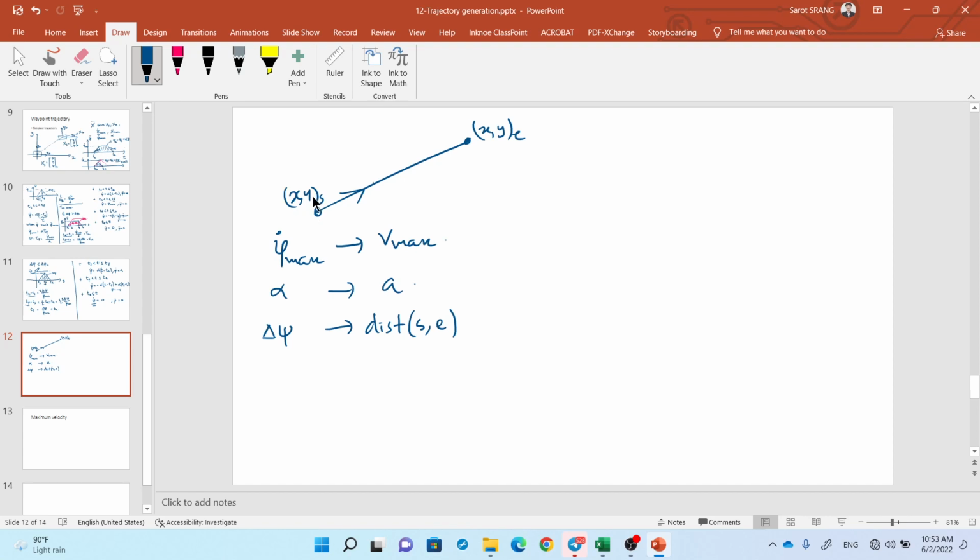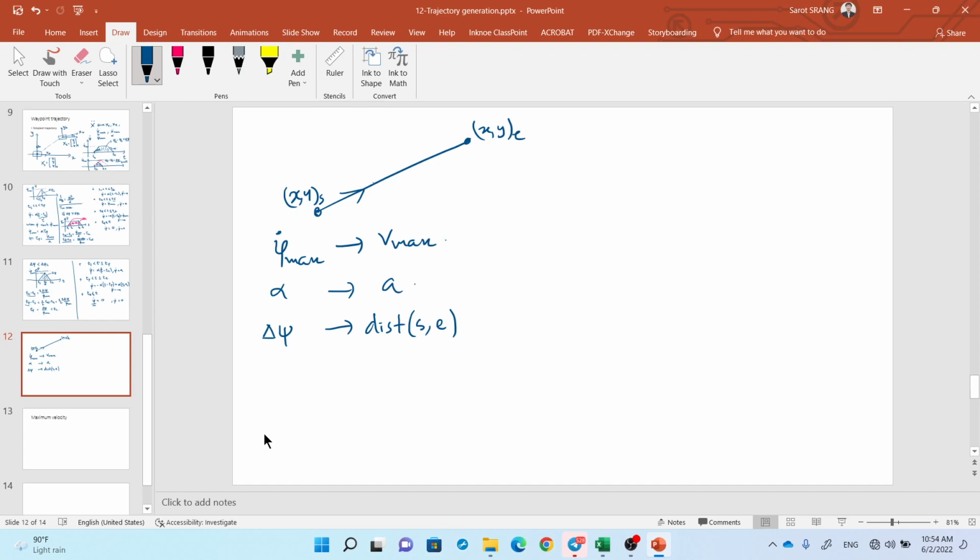And what else do you need to know? When you need to generate velocity, you need direction, right?